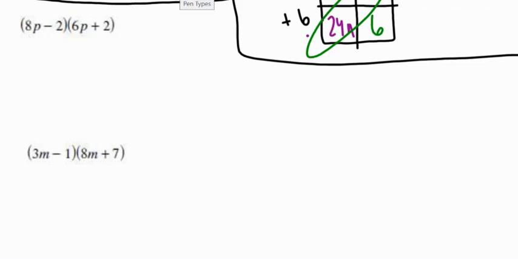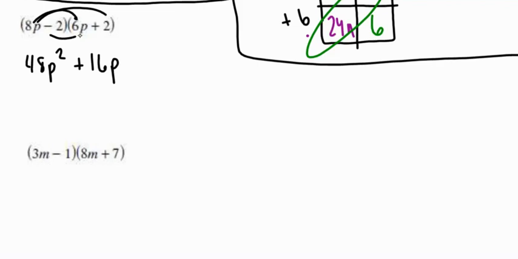Multiplying the binomial 8p minus 2 times 6p plus 2, I'm going to distribute the 8p to both terms. So 8p times 6p is 48, p times p is p squared. I have 8p times a positive 2 is a positive 16p.